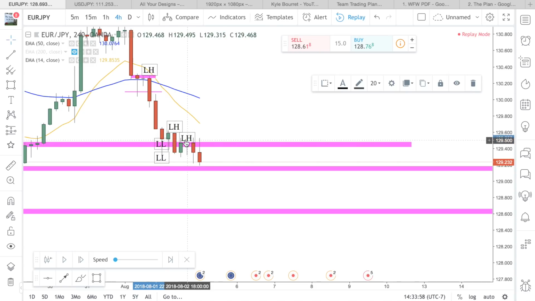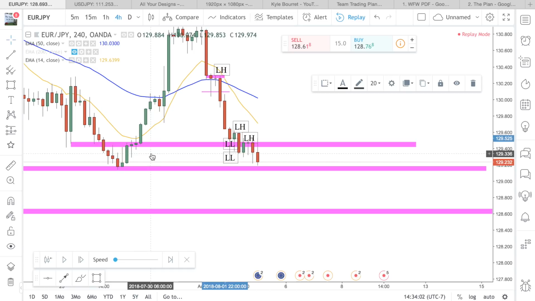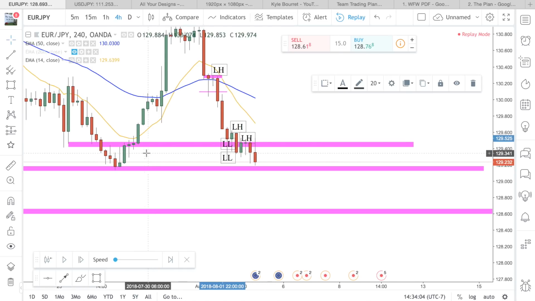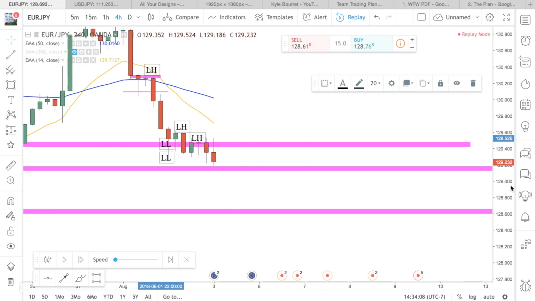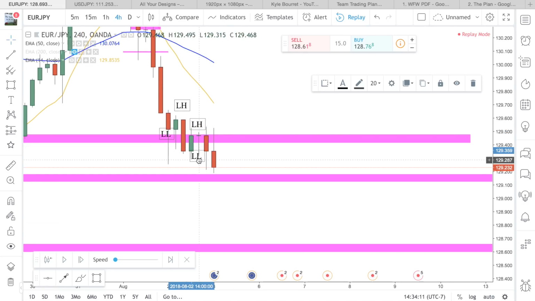These were the first real pullbacks of this market structure. After breaking this structure, now being in this zone, we are finally creating lower lows and lower highs. So it's very important to know that this is the first pullback. We just made a lower high.